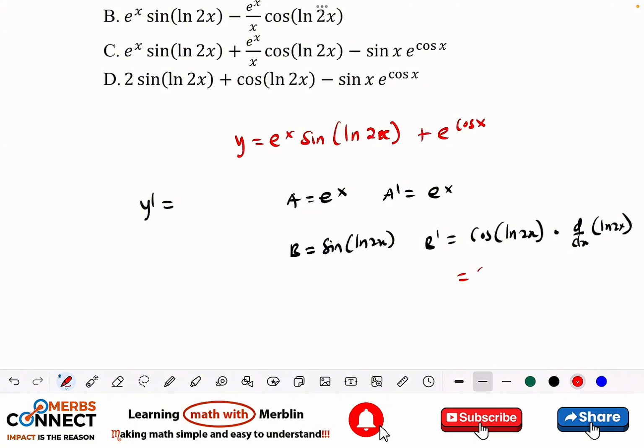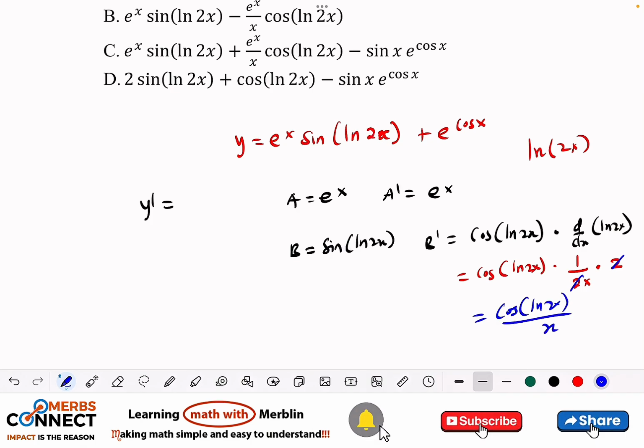When I differentiate ln of 2x, what am I going to get? We said for us to differentiate a ln function, 1 divided by what is inside the parenthesis times the derivative of what is inside the parenthesis, which is 2x, and it's going to give us 2. So we are going to have 2 cancelling 2. So this will be cos ln of 2x divided by x.